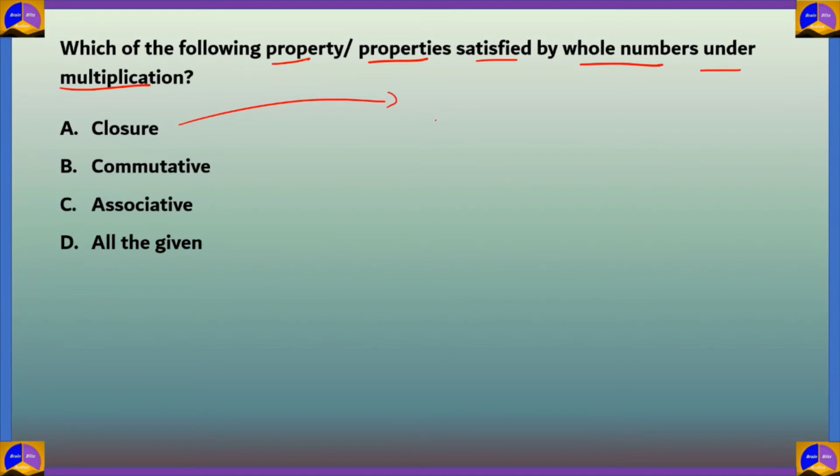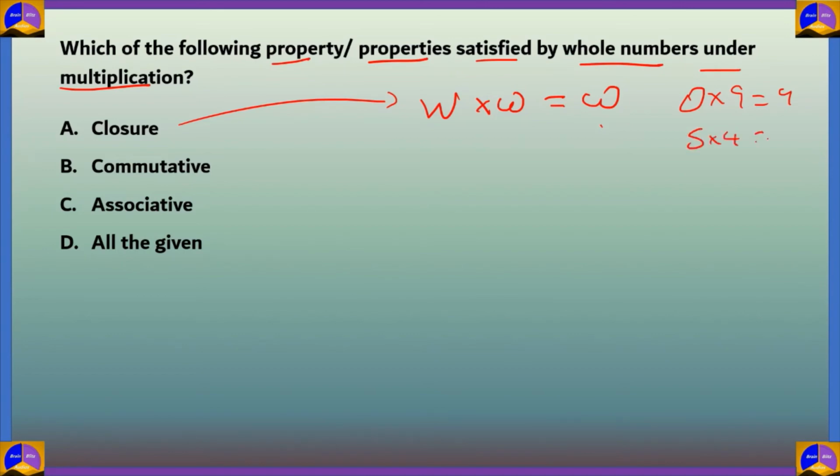If the closure property is satisfied by whole numbers under multiplication, we can represent whole numbers by W. So W times W will be equal to W. So one whole number times another whole number will be equal to a whole number. This is true. 0 times 9 is 0.